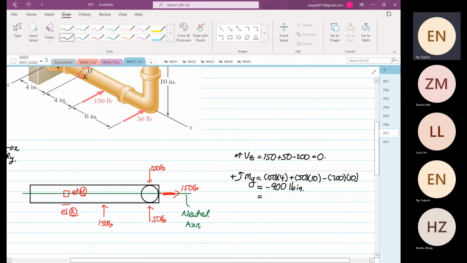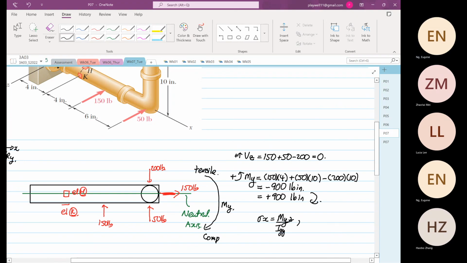Okay, so minus 900 pound inch, what does it mean? So if you want it as positive 900 pound inch, you have to reverse the direction. So over here, this is how your moment in Y will be acting. Okay, so this is compression. This is going to be in tension. From here, we also can define that if we apply the stress, sigma X is equal to My over Iyy multiplied by Z, right?